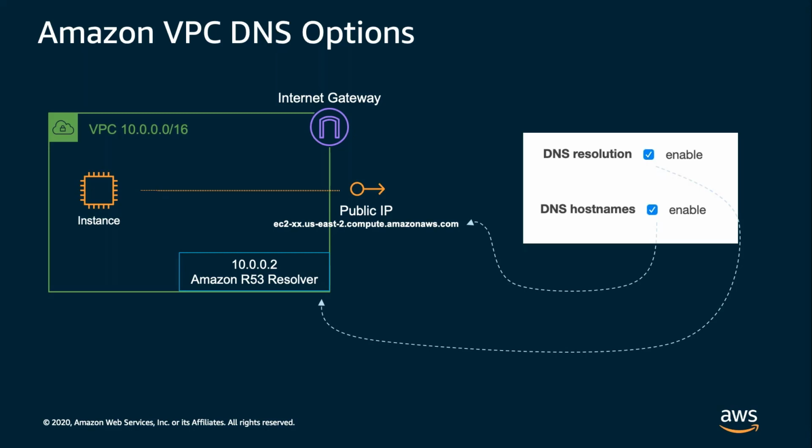We also provide a private host name as well. And when you resolve that host name within the VPC, we'll resolve it to the private name. But outside the VPC, we can resolve it to the public IP address. So a good option there when you need host names quickly and automatically when you provision your infrastructure.